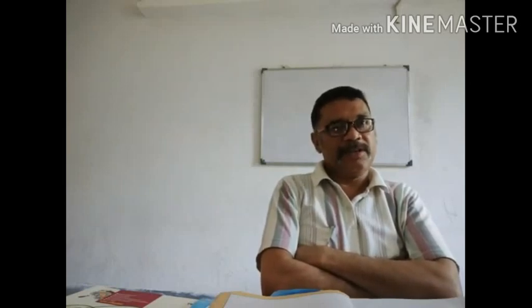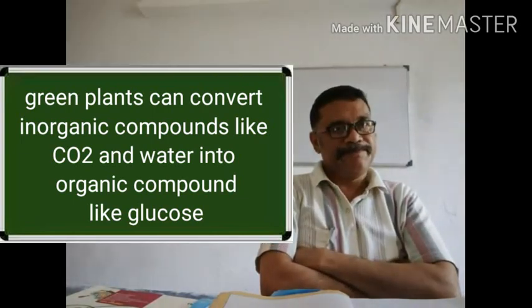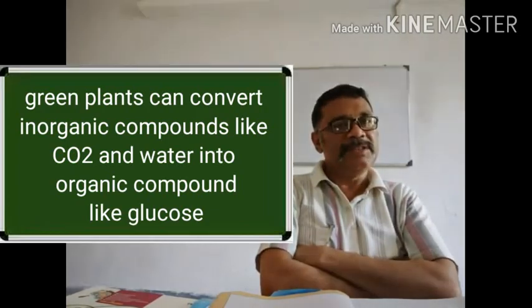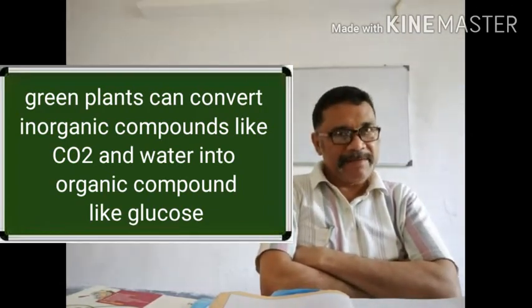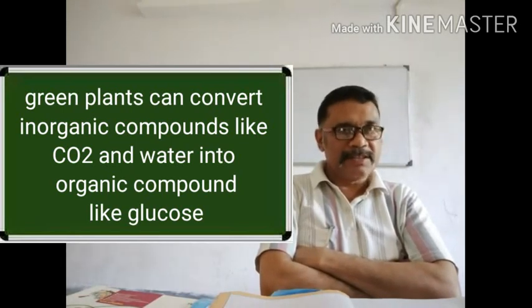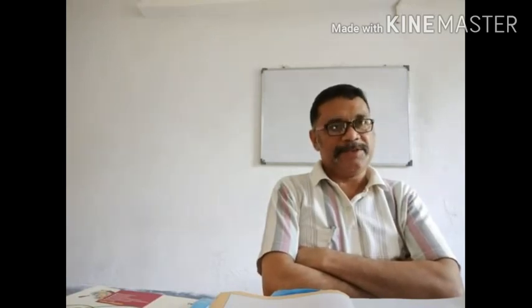Very clear to say, food is an organic compound, and only the green plants can convert inorganic substances like carbon dioxide and water into an organic compound like glucose, which is used as food. So only the plants have the capability to convert inorganic substances into organic substances. That is, food is prepared.